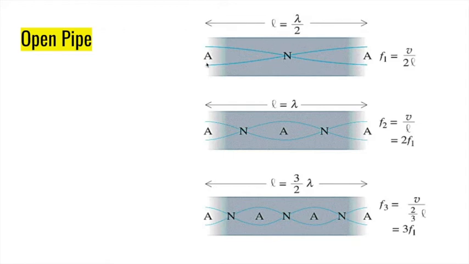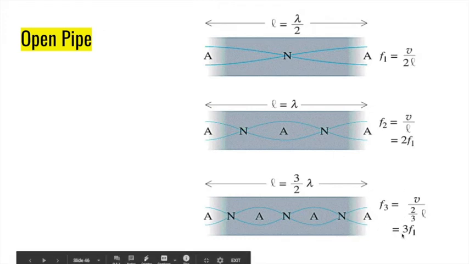But with a pipe, we actually get our antinodes at the ends, so we have the largest amplitude at the ends of the pipe, and the node happens in the middle for the first harmonic. So our frequency is v over 2L again, but the wave is kind of backwards from the way it was on the guitar. Similarly, we can find the second harmonic by multiplying 2 times the first harmonic. 3 times the first harmonic will give us the third harmonic, etc.